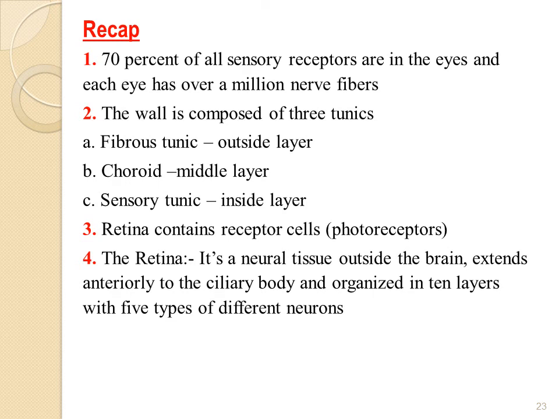Third, the retina contains receptor cells, the photoreceptors, meaning rods and cones. The retina is a neural tissue outside the brain, extending anteriorly to the ciliary body and organized in 10 layers with 5 types of different neurons.